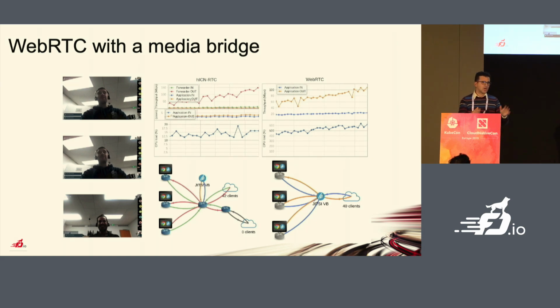And then you have a distribution channel, which is the media bridge sending to all the participants the active speakers, which is a subset of the participants. So essentially the main speaker plus the second most active speakers, like someone who was talking before the active speaker, and those who are recycled in the main screen.